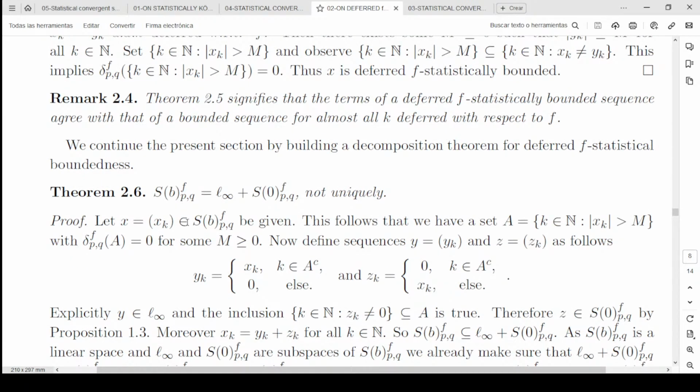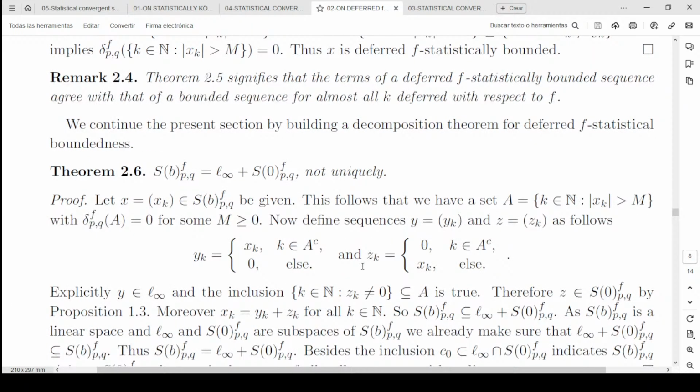We say that SBPQF is the sum of L infinity and the space of all f deferred null sequences with respect to modulus function f, but not uniquely, because the intersection of these two spaces has some sequences which are not the zero sequence.